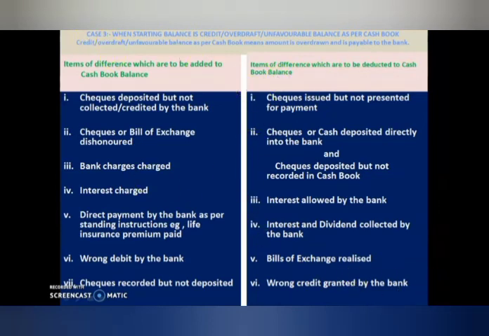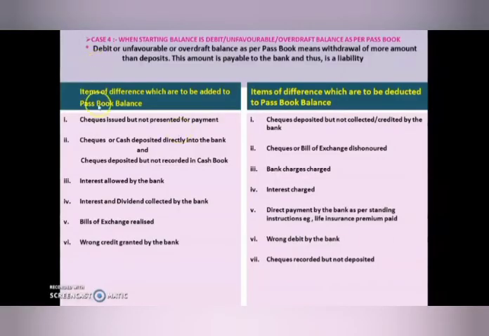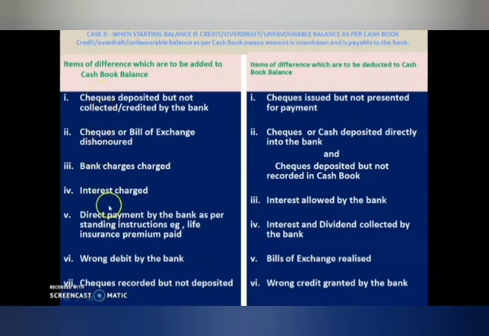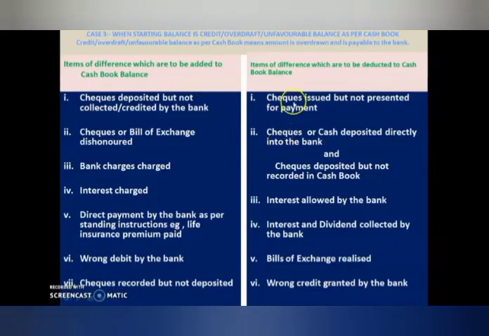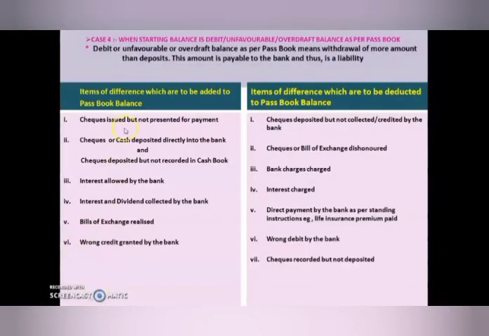Now let us discuss case 4. Case 4 is exactly opposite of what we did in case 3. The items which we have added in our cash book balance when it is overdraft, those 7 items will be deducted in our passbook balance, and the items which we have deducted in our cash book balance when it was overdraft, those items will be added over the passbook balance overdraft.